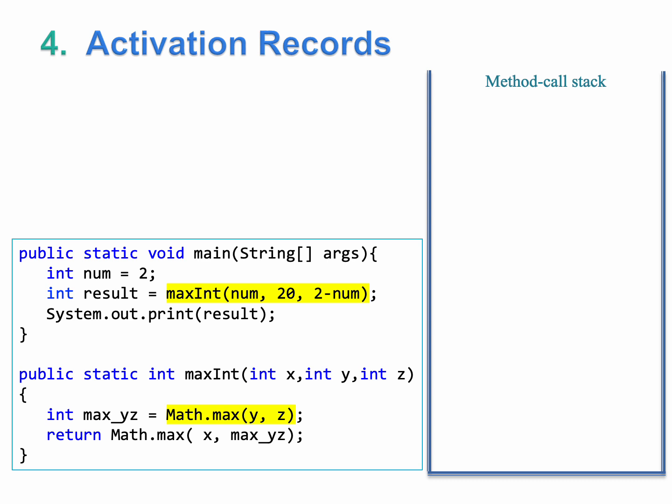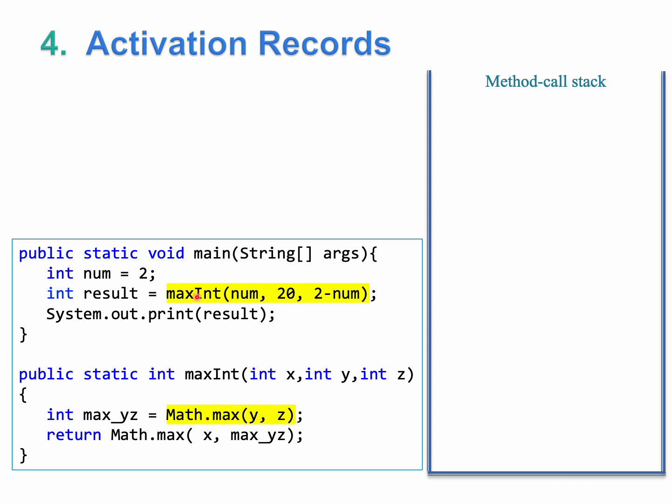As an example, consider a program with a single class that has two methods, main and maxInt. Suppose method maxInt is defined with three int parameters x, y, and z, and it calls method max of the Math class twice to calculate the largest value of x, y, z.